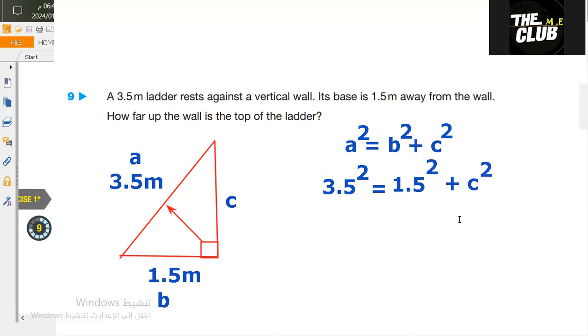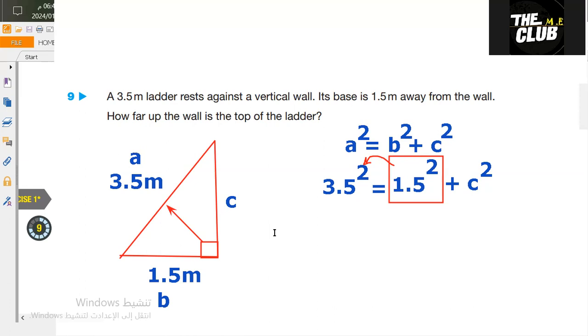Now we need C alone, so we're going to make C the subject. I'm going to take it to the other side, and because it's positive, I'm going to make it negative on this side. So 3.5 squared, and I use the calculator so we can write it as a normal number.